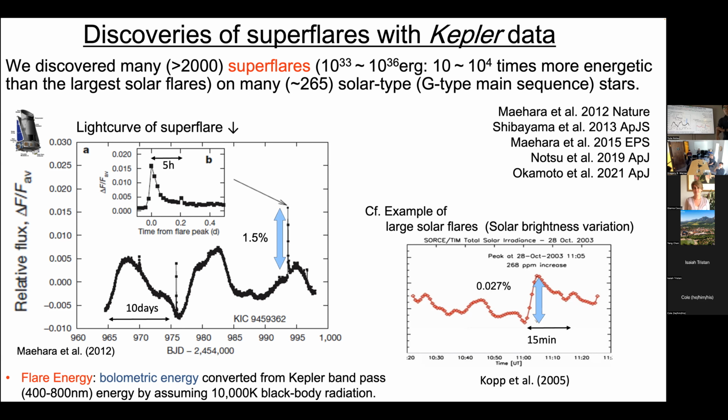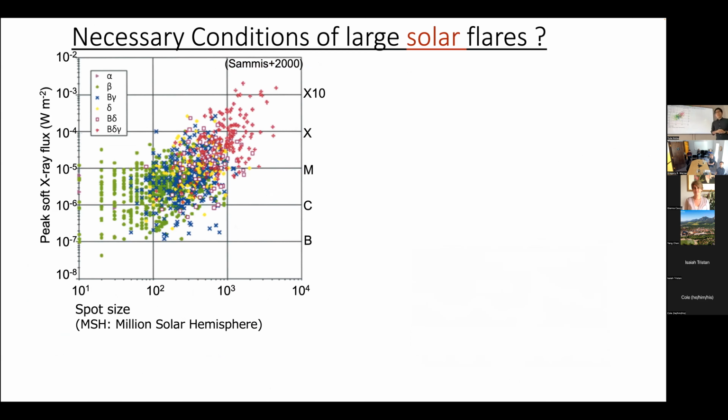Right. Okay, now we have found a very large number of flares. Since we have found many events, we can discuss more physics, not just discovery. So let's discuss the physics point of view. First, what are the necessary conditions of large flares?